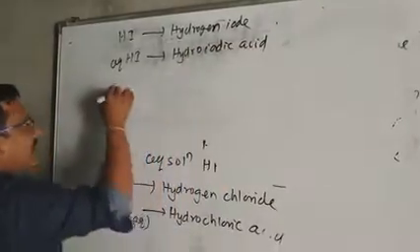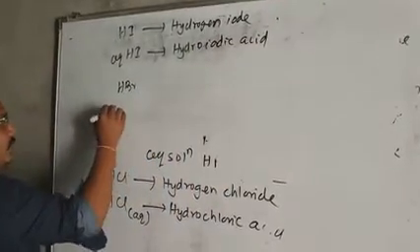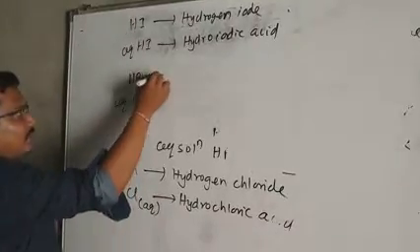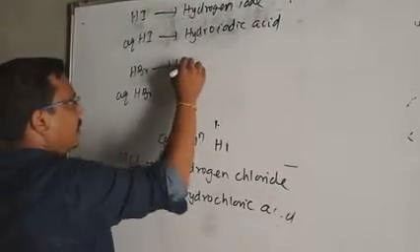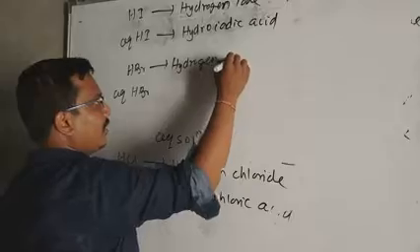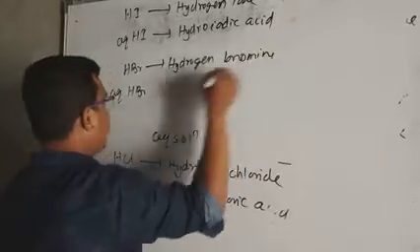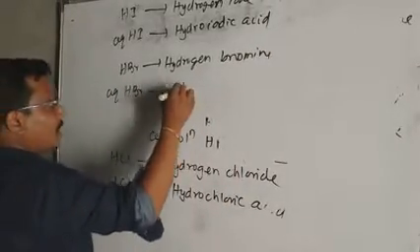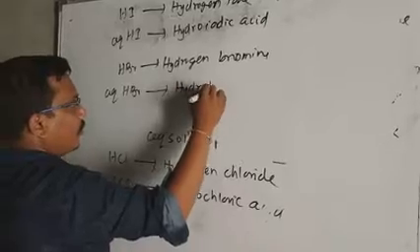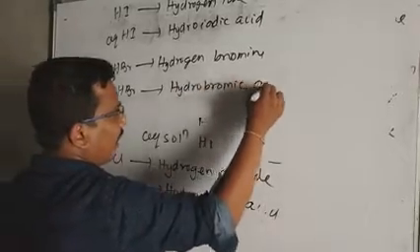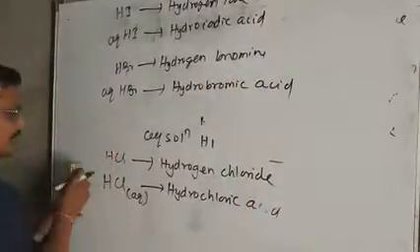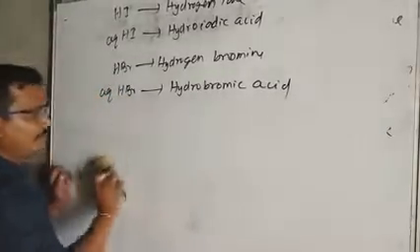Similarly, HBr is hydrogen bromide, and the aqueous solution of HBr is hydrobromic acid. These are the examples of some simple acids.